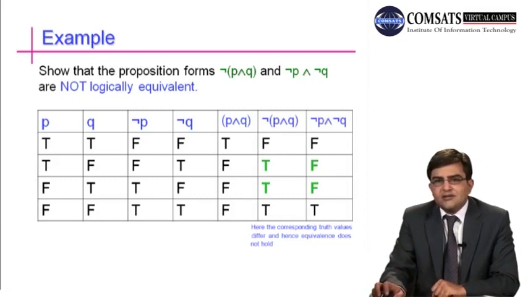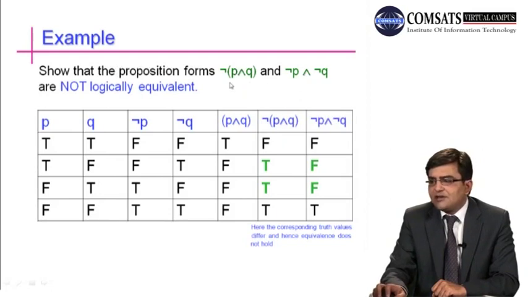Now we construct the truth table. Here we have two propositions P and Q, so the possible values in the truth table are, for P, true true false false, and for Q, true false true false.